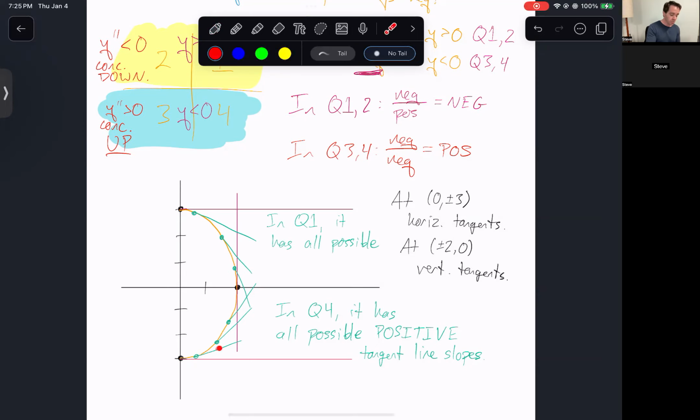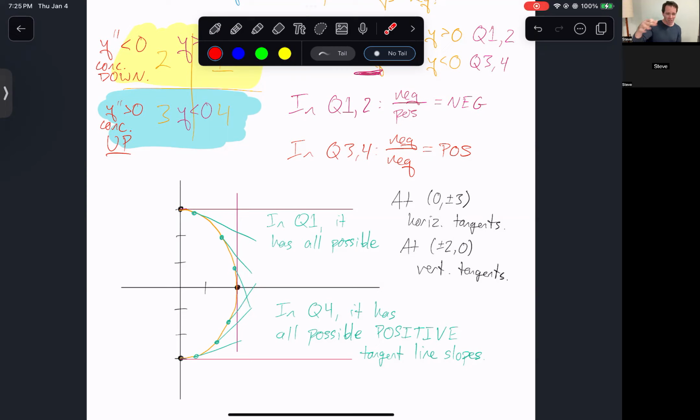These ones were the positive ones in quadrant 4. And they cover all possible positive slopes starting from 0 all the way to positive infinity. Now you've got these negative slopes up here, and they go from 0 at the top all the way down to negative infinity.